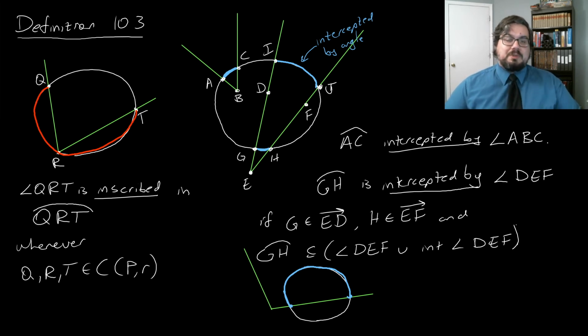In order for an arc to be considered intercepted by an angle, it has to go from one side of the angle to the other. And what we're going to be interested in a lot is the intercepted arcs of inscribed angles. We can combine these two notions together and talk about those. And in particular, we're going to have theorem 104, which gives us the relationship between them.